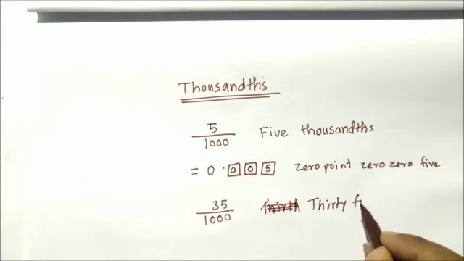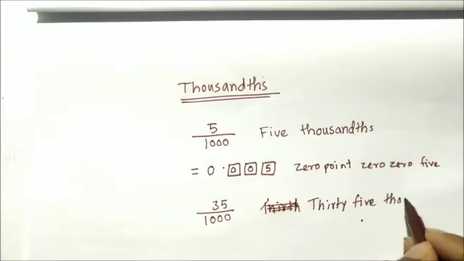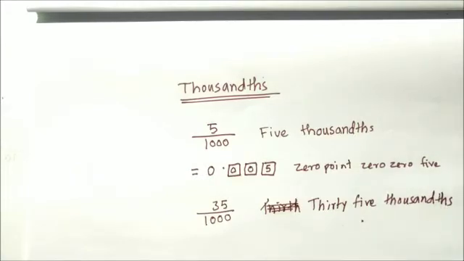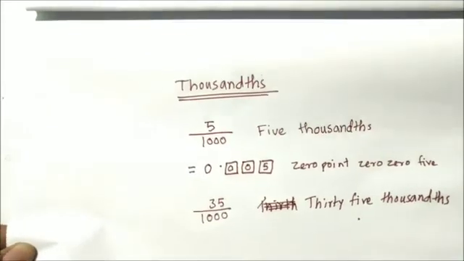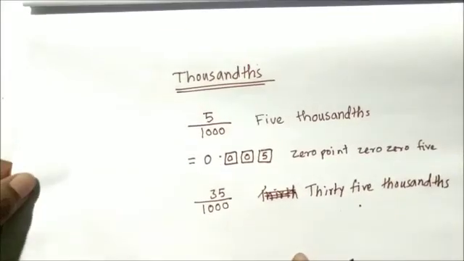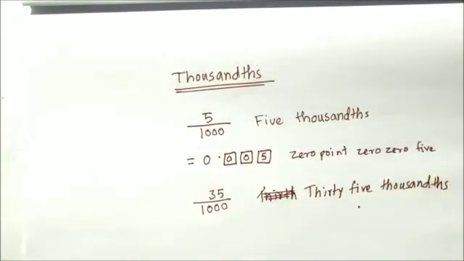35 thousandths. Am I right? Or is there something wrong? No, there is no kind of mistake. So 35 thousandths, right? And it can be expressed by using the decimal point. And of course after the point we must keep how many places?